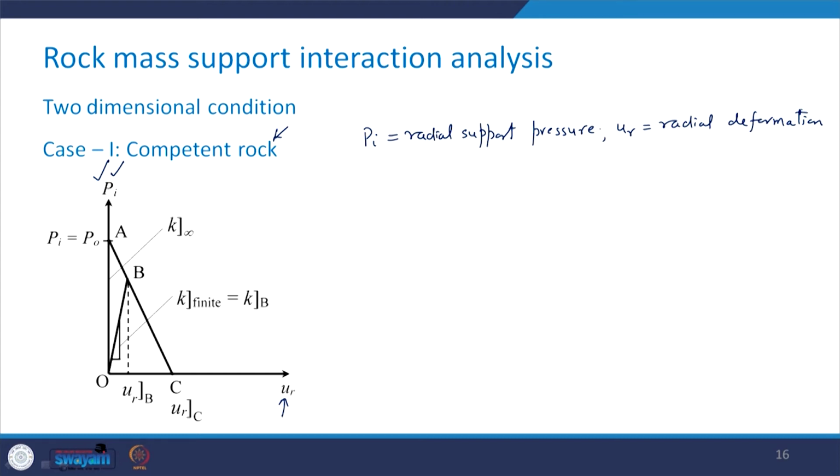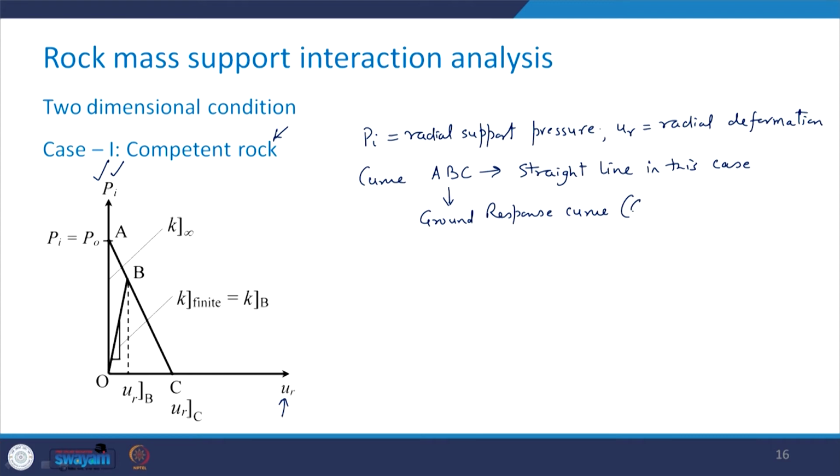This curve ABC, in this case of the competent rock, is a straight line. This is called the ground response curve, and in short we call it GRC.